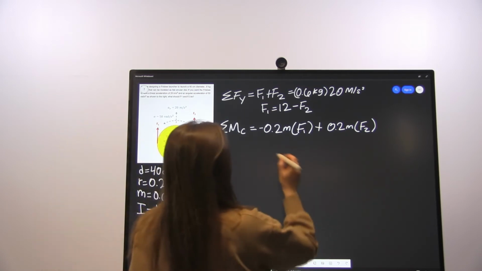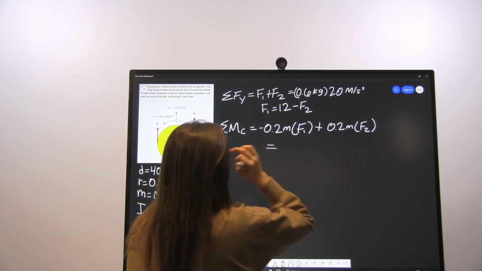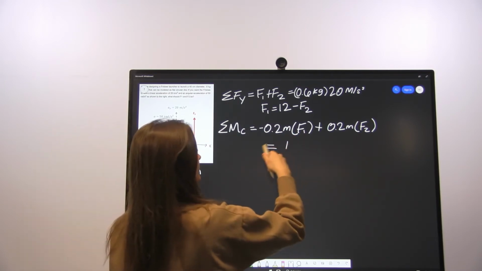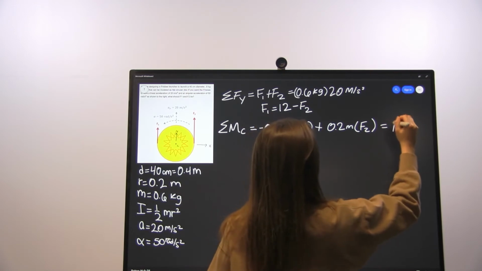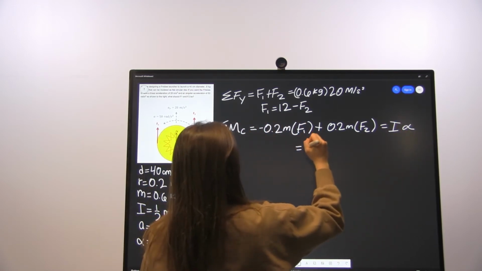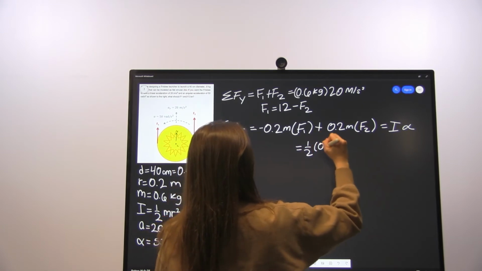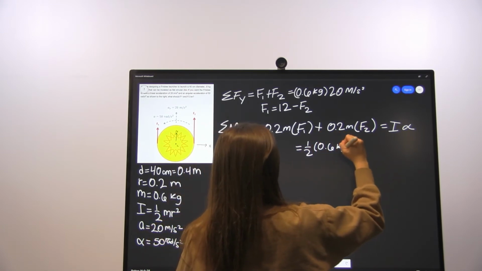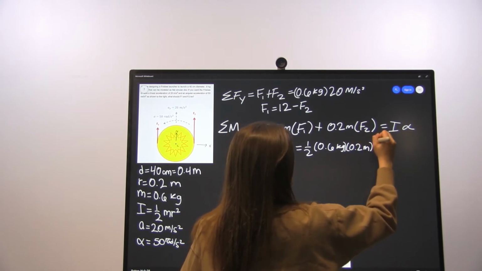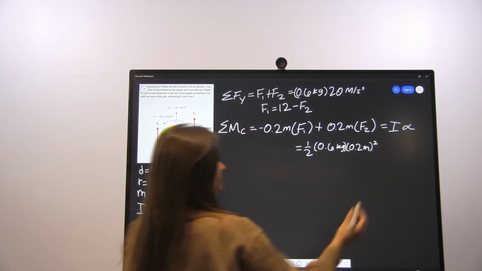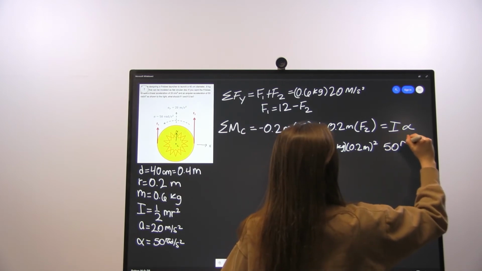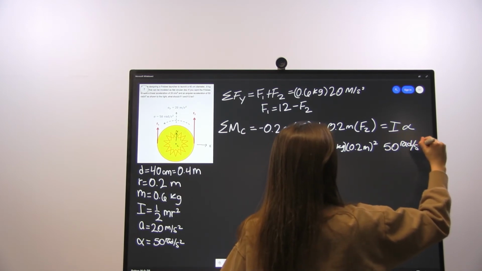And then that is equal to our I times angular acceleration, which is equal to 1/2 times 0.6 kilograms times 0.2 meters squared times our angular acceleration, which is 50 radians per second squared.